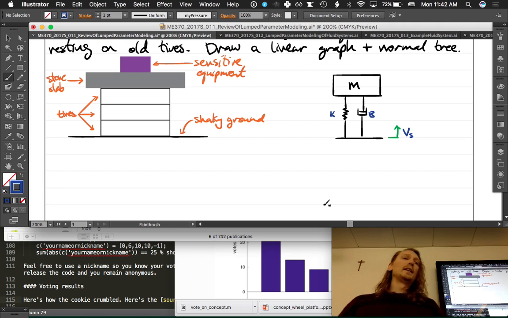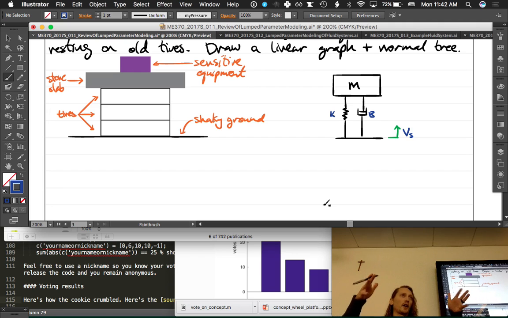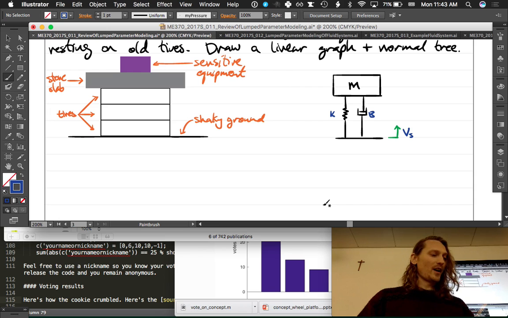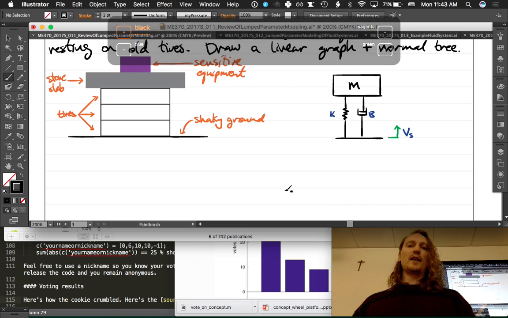There's probably a little bit of damping that comes from the air moving around it as it moves, but probably most of it's coming through the tires just having internal heating up that happens. So it heats up as you compress it and stretch it. The tire will heat up and it'll dissipate some energy. There may also be some acoustic energy that happens, especially in the case of dropping these sets of equipment on the slab. Probably some acoustic energy would happen there. So, okay, how do we draw a linear graph of this?